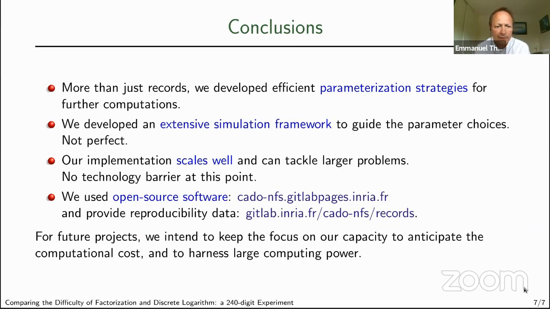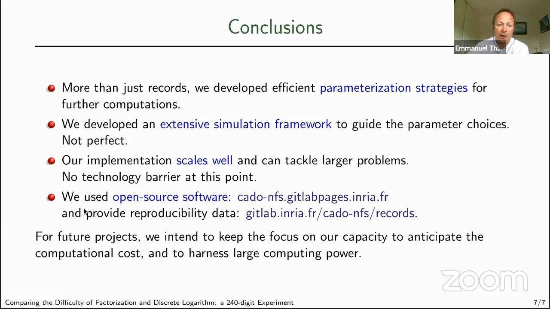In conclusion, more than just records, we have developed parameterization strategies for further computations, which were pretty effective in these instances. And those were guided by the design of a simulation framework, which we found pretty efficient. It's not perfect, but we were quite happy with it. Our implementation scales well, and it's also important to notice that we used open source software, CADO-NFS, which we have been developing for more than 10 years in Nancy.